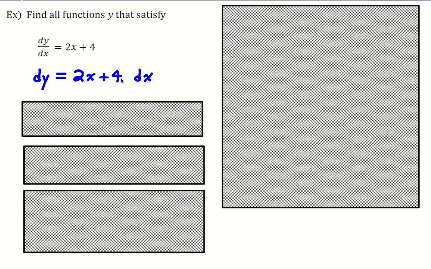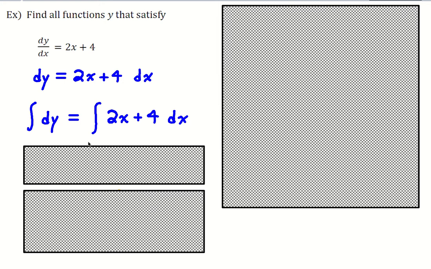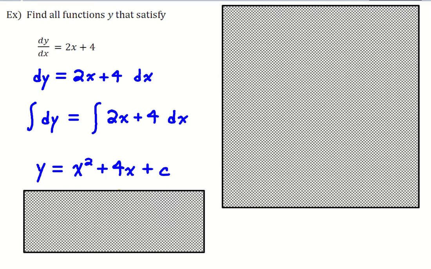So we can get dx over here, and now when we take the integral of both sides, you'll be taking the integral of the left side with respect to y. So the integral of dy with respect to y.